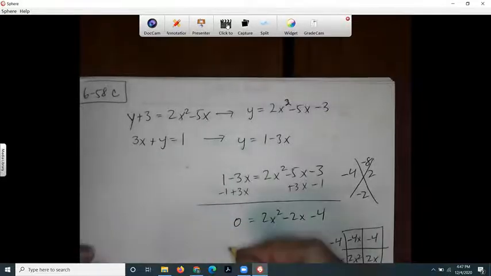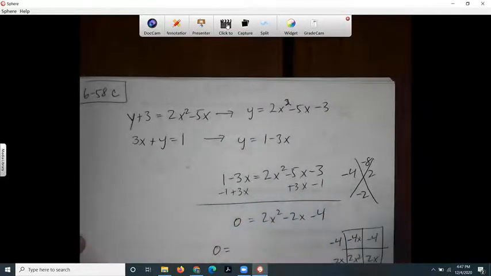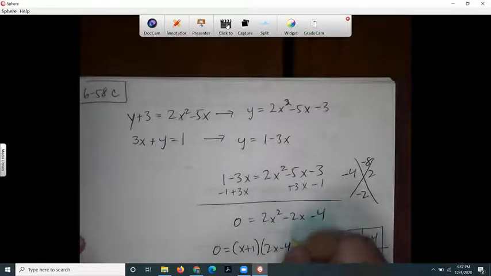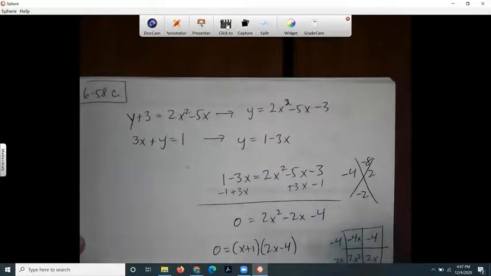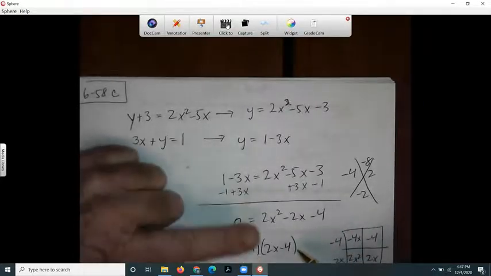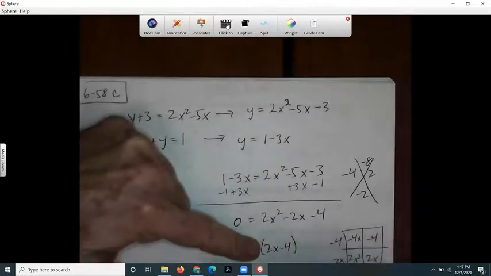Okay, so this, I'm doing this in my mind. I'm setting it equal to 0, bring the 4 to the other side, divide both sides by 2.